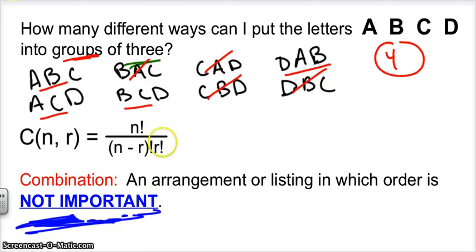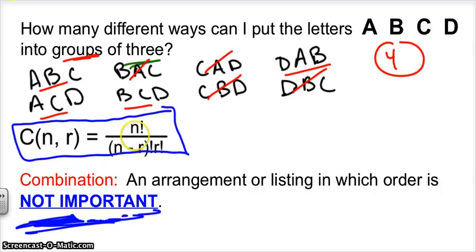Now, this is the formula that we would be using for a combination. We have n factorial over n minus r factorial, r factorial. We are dividing out, we are taking out all of these guys with this r factorial. We are dividing out those guys so we don't use them again.